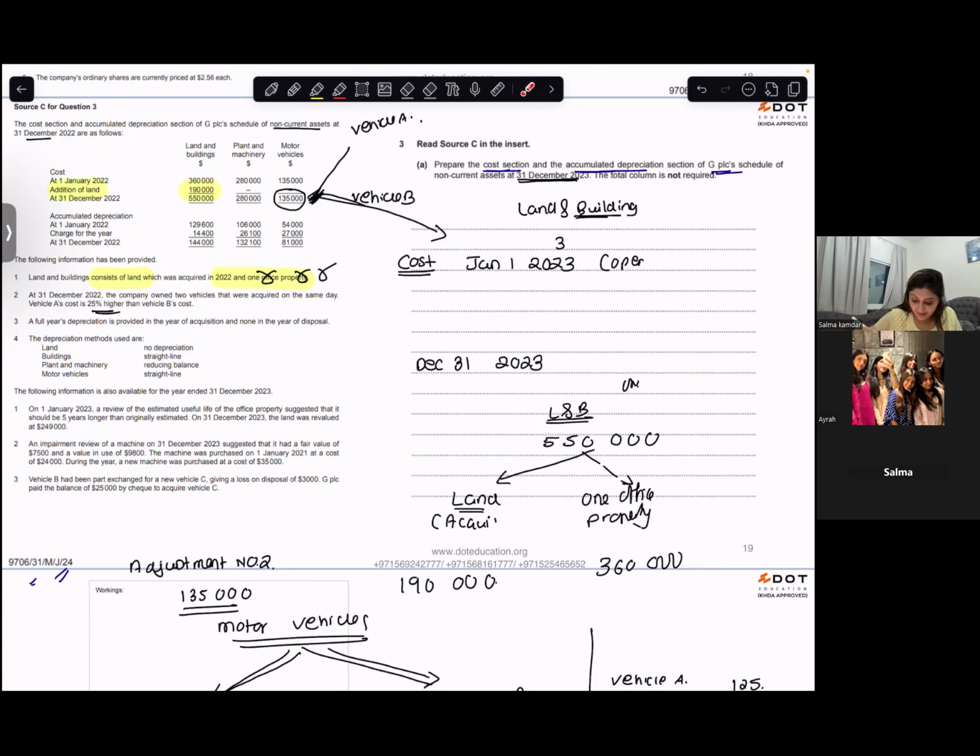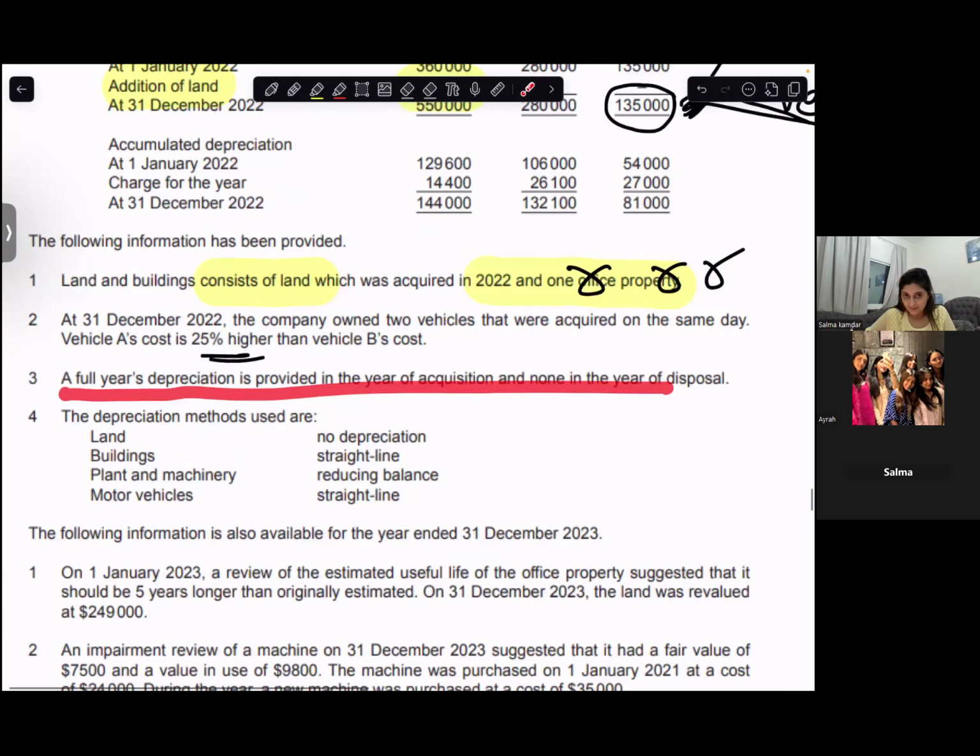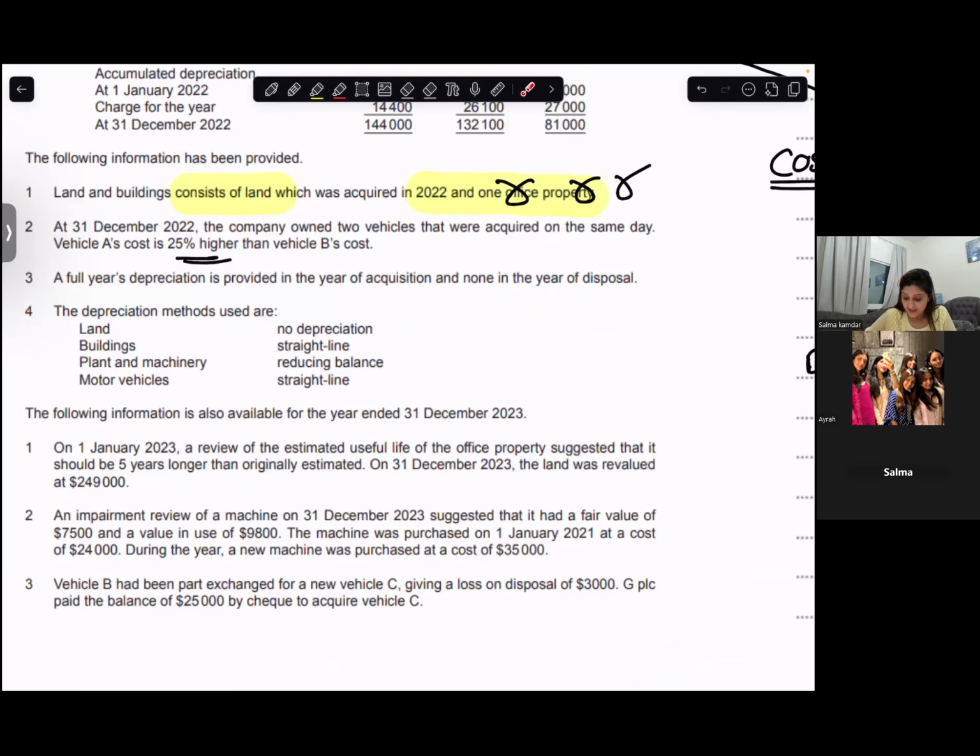Now let's go ahead. So what is the policy of depreciation? That a full year's depreciation is provided in the year of acquisition and none in the year of disposal. Now they have given us the chart, the method that we use. Land has no depreciation, building has straight line, plant and machinery has reducing balance, and motor vehicle has straight line.